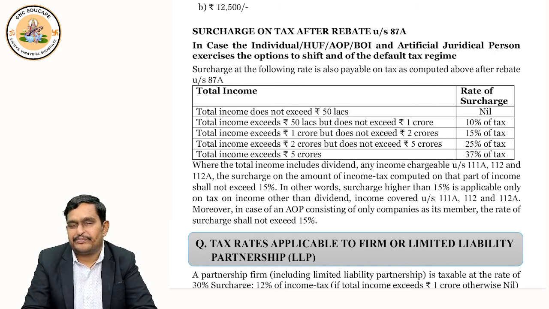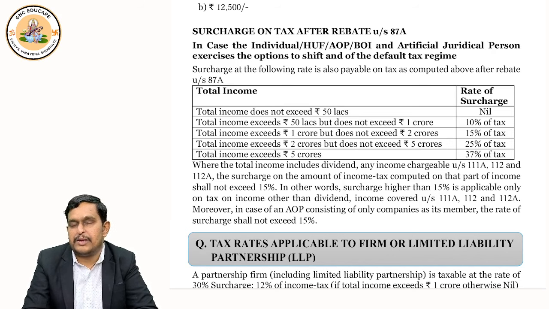That's it. Suppose your income is 30 lakhs. No surcharge, because up to 50 lakhs, no surcharge. Suppose your income is 1.5 crores. Then between 1 crore to 2 crore, 15% will apply. Suppose your income is 2.5 crores.